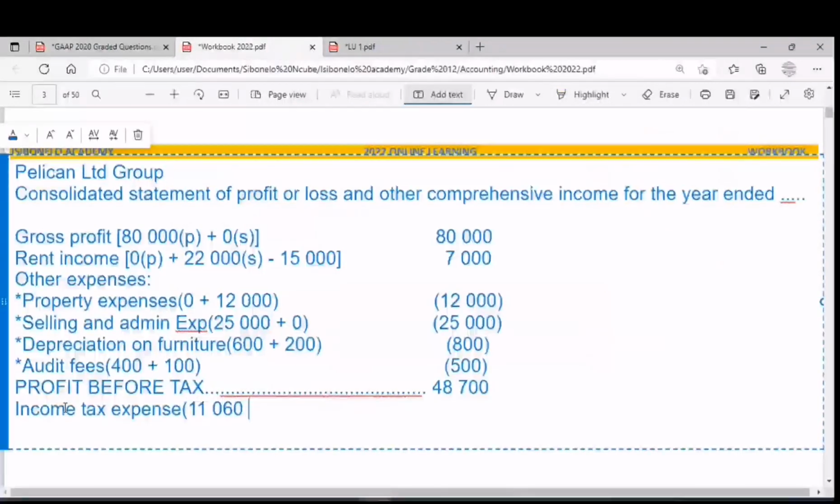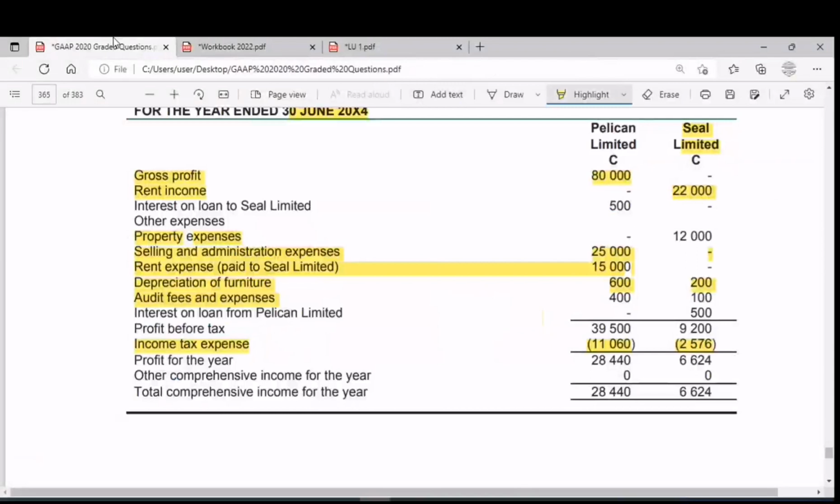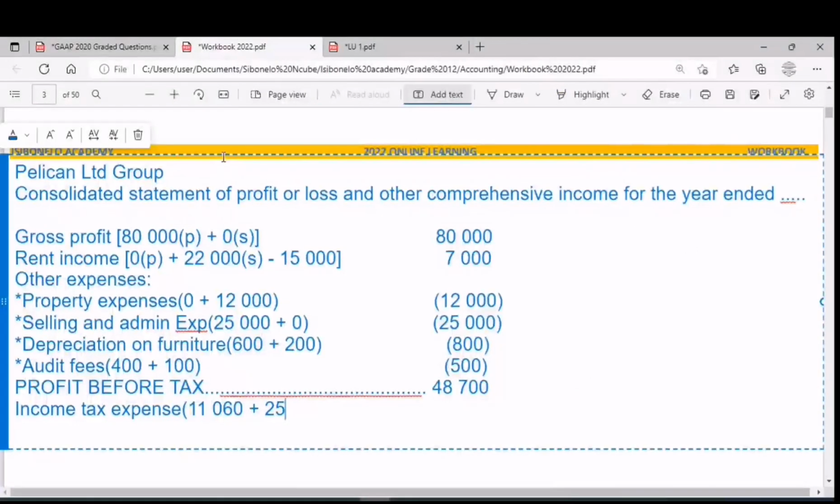So 11,060 plus 25,76. So what's the total lapha ya? 18,636.